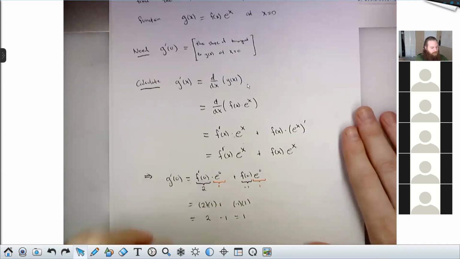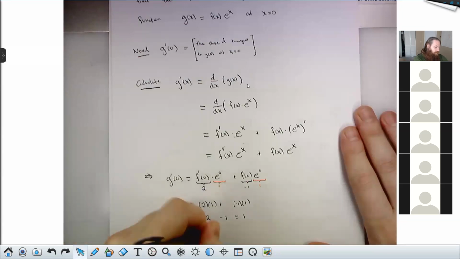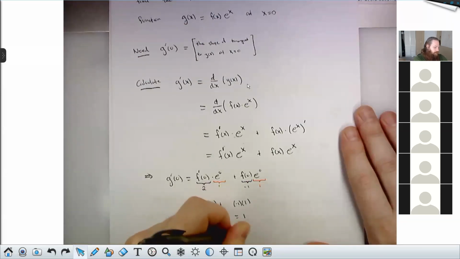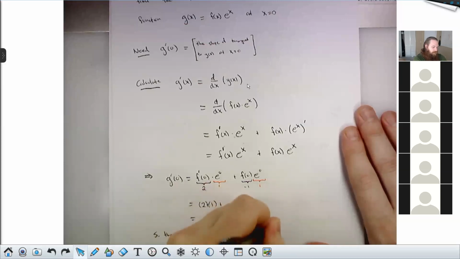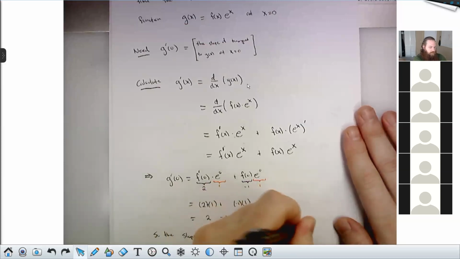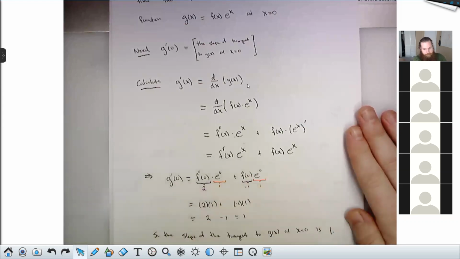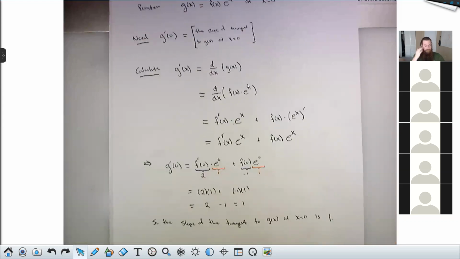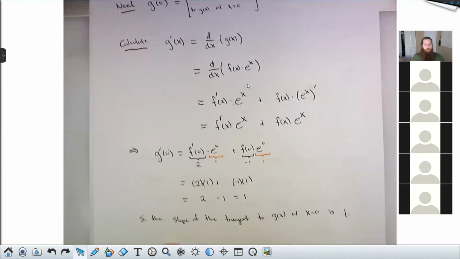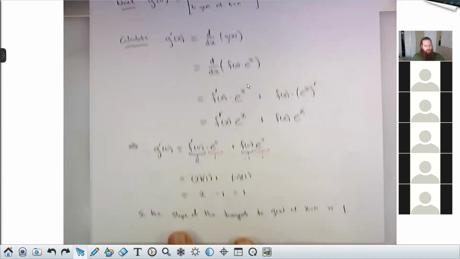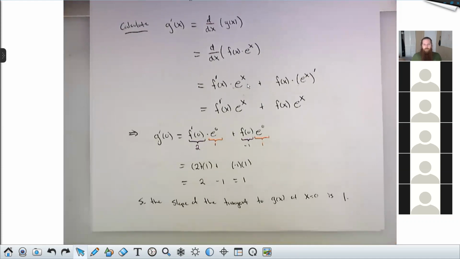So the slope of the tangent line to g of x at x equals 0 is 1. That's all. These are good problems. These are problems that are really good at checking whether you understand what the product rule is saying, or whatever rule is saying. Problems like these have a way of showing up on exam 1. Hint, nudge, wink.